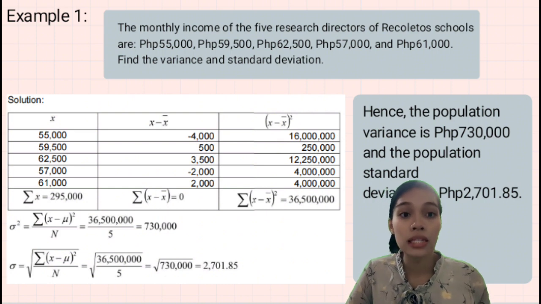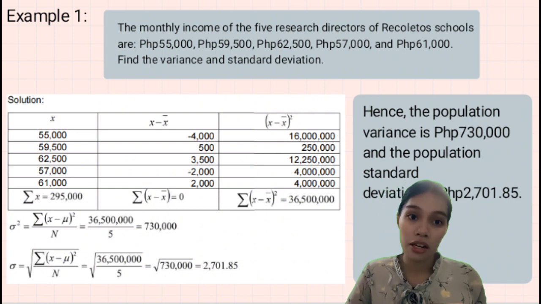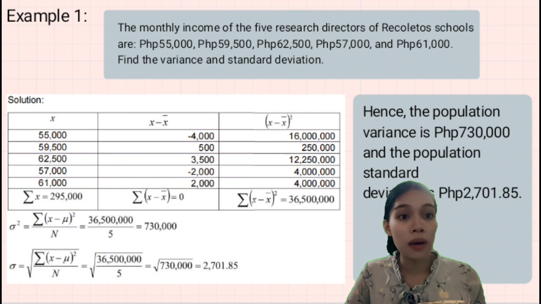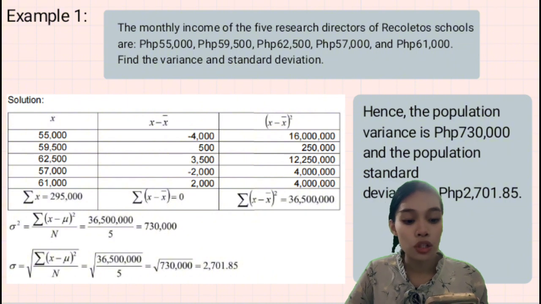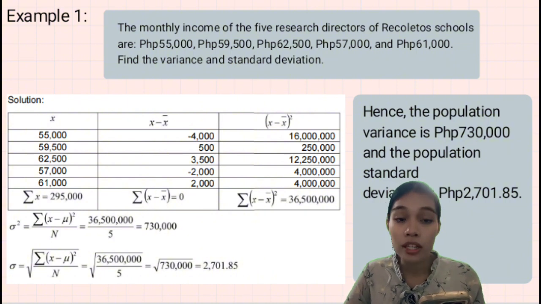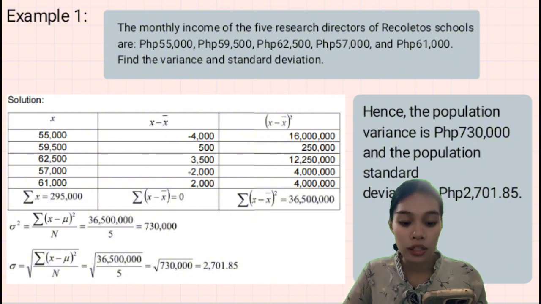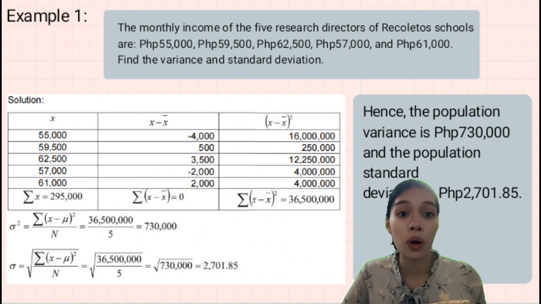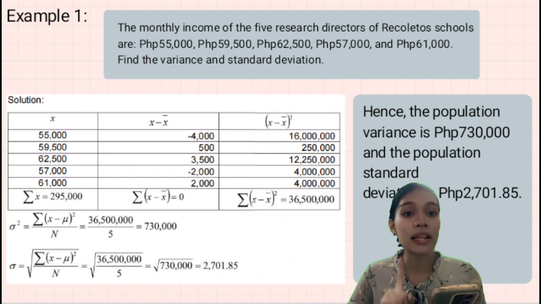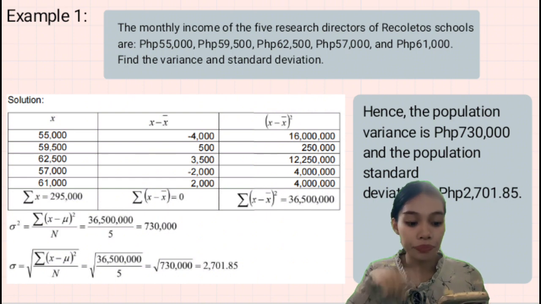The first table is one we have familiarized ourselves with. It consists of the values: 55,000, 59,500, 62,500, 57,000, and 61,000. We will write that in the first column of our table.